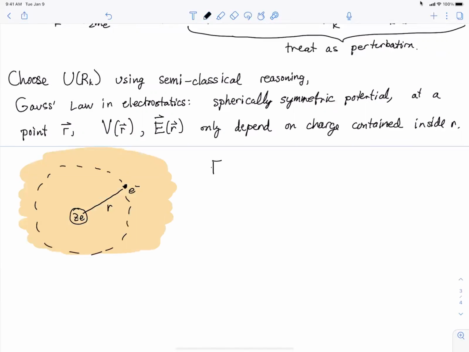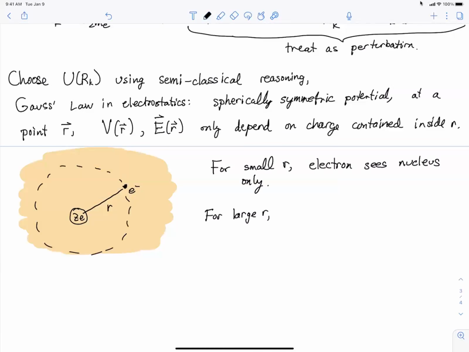And so for small r, the electron just sees the nucleus, because all the rest of the orange cloud is farther away. So it sees the nucleus only. But for large r, if you're sufficiently far away from the nucleus, then most of the other electrons are closer than you are to the center.